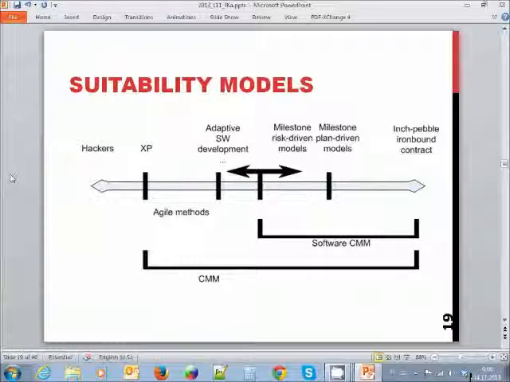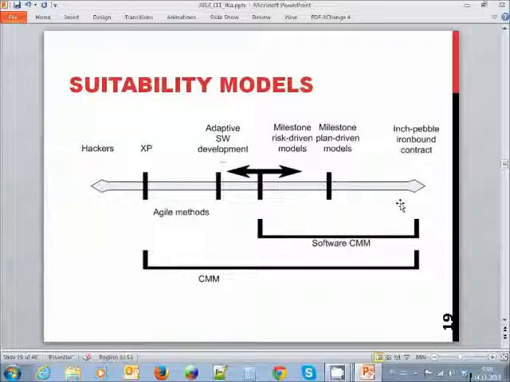Extreme programming and the agile methods tend to usually be on the less design side of this spectrum. And the milestone plan-driven model, which is the traditional waterfall, is this black bar here, meaning that there's some possibility to do iteration, some possibility to have small freedom here and there.